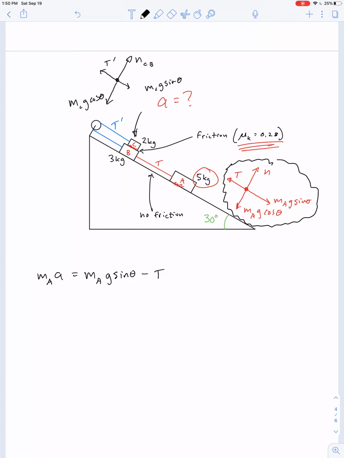Okay, and then there's a friction force. If released from rest, we know block C is going to have a tendency to slide up the incline. So there's a force of friction opposing its relative motion with block B going back down the incline. So there's a force of friction F. We know that the normal force between block C and B is equivalent to m g cosine theta.